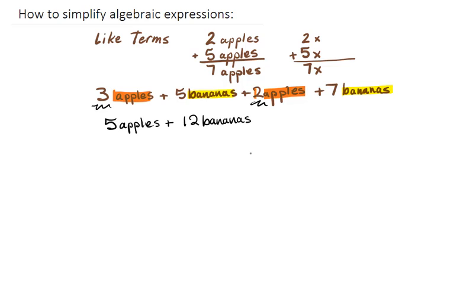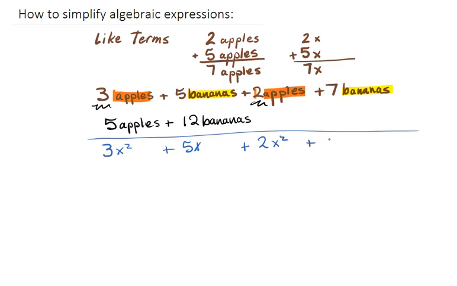Now this may seem really obvious, but let's now extend this to algebraic representations. If we have 3x squared plus 5x plus 2x squared plus 7x, we would only combine the terms that look the same.